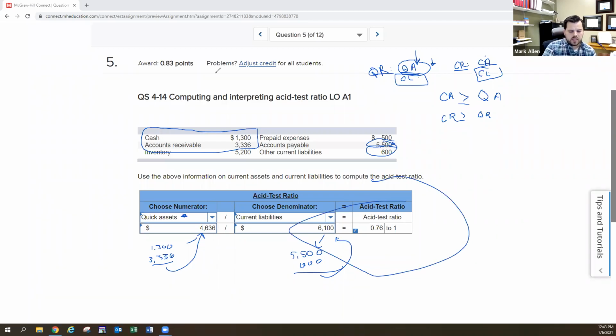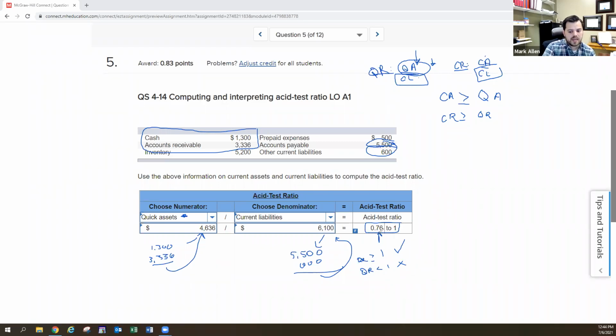Now, what this tells me is that for every dollar in current liabilities, I have 76 cents to pay for them. Maybe not the greatest ratio ever, right? I would really like to see this at least at a 1, so something greater than or equal to 1 for my quick ratio tends to be thought of as good. A quick ratio less than 1 tends to be thought of as not very good, right?